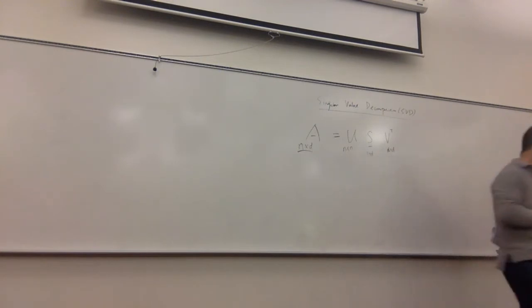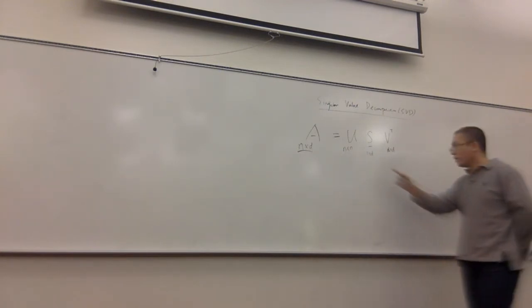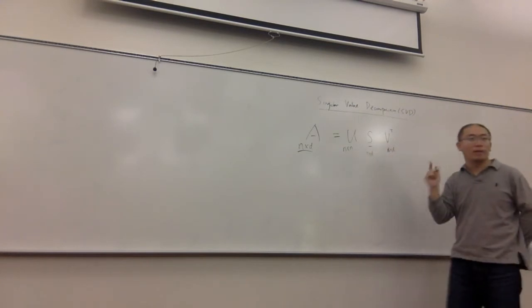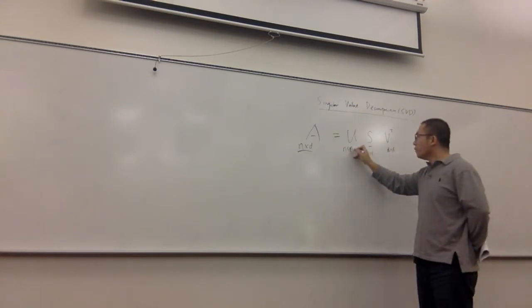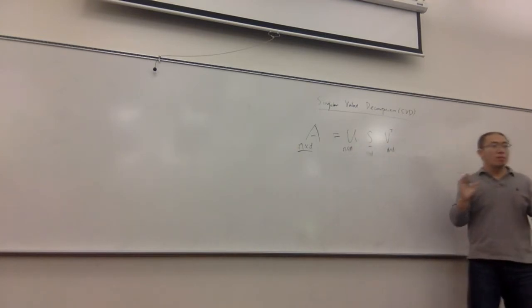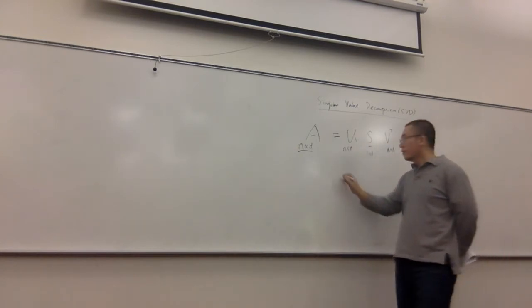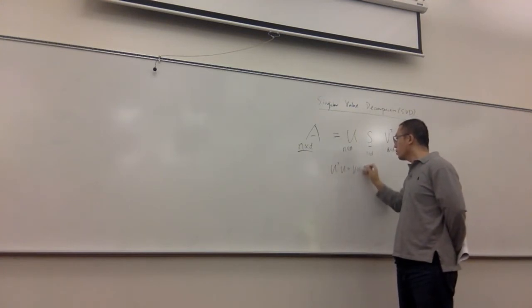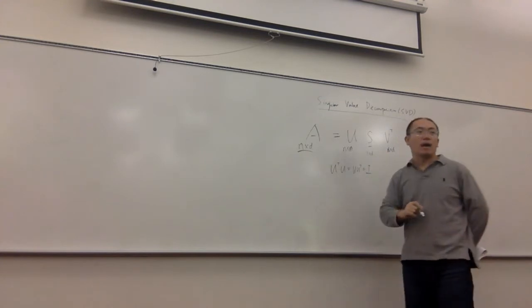It sounds a little weird, because when n is not equal to d, how will this diagonal matrix look? U and V are both orthogonal matrices, meaning U transpose U equals U U transpose equals the identity matrix.